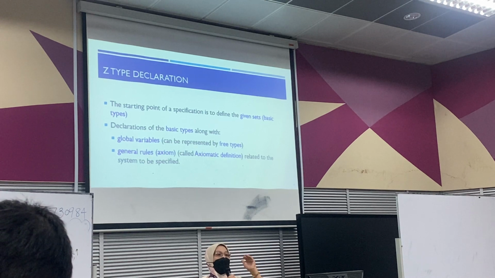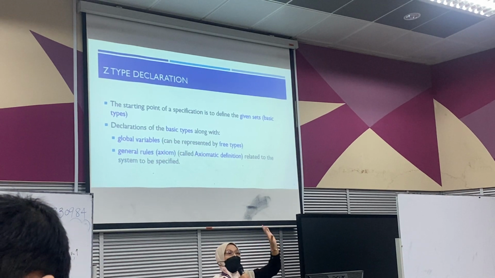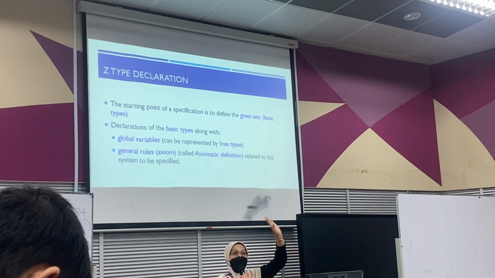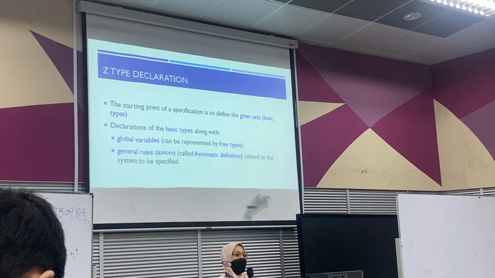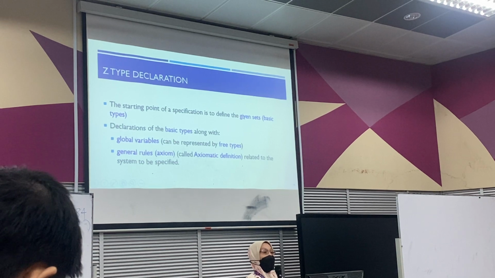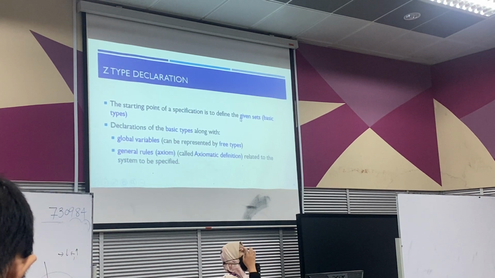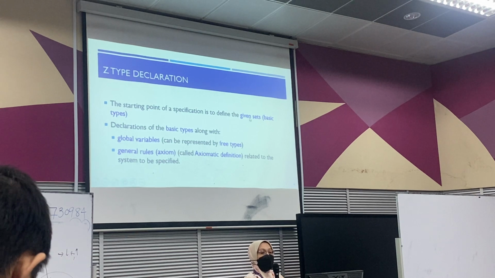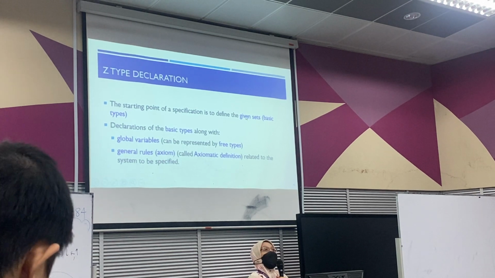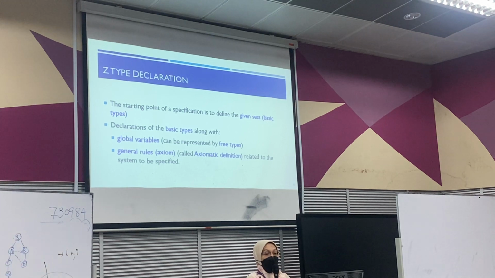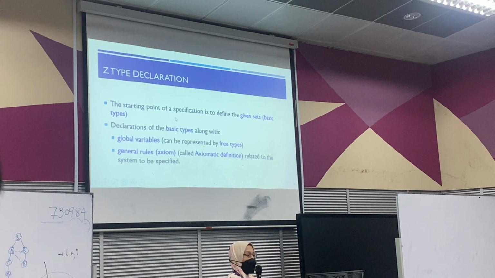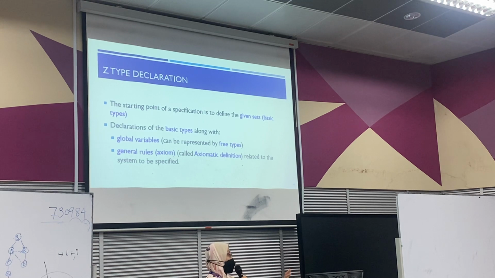So the first thing is you go for basic type. Basic type is normally the general one. Another term for basic type, you may have seen also in past years, is the word given set. I forgot to tell you, the word given set is also known for basic type. Sometimes you will see this. After defining your data abstraction later, there is another part which is global also, because data type and free type will be global.